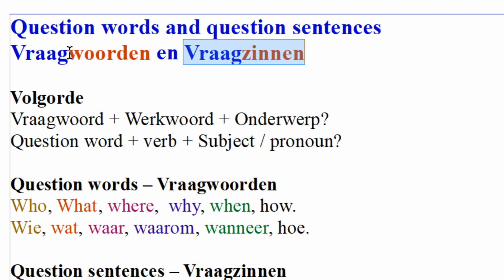As you can see, in Dutch, Vraagwoorden and Vraagzinnen are each one word. In Dutch, usually we can combine two or more words to form a single word, and Vraagwoorden and Vraagzinnen are the perfect examples.